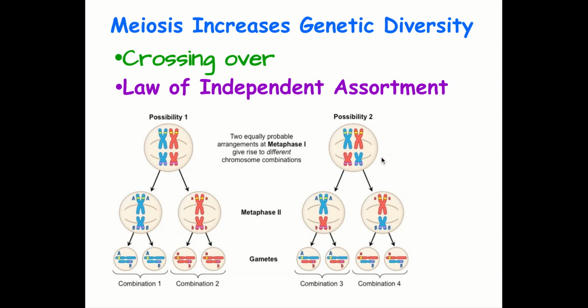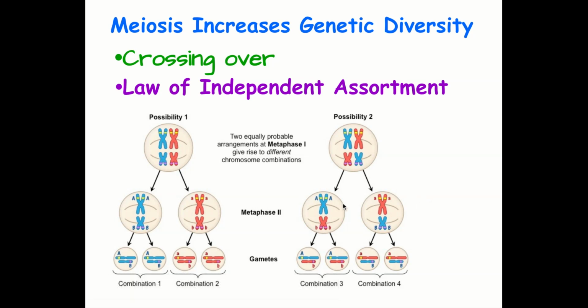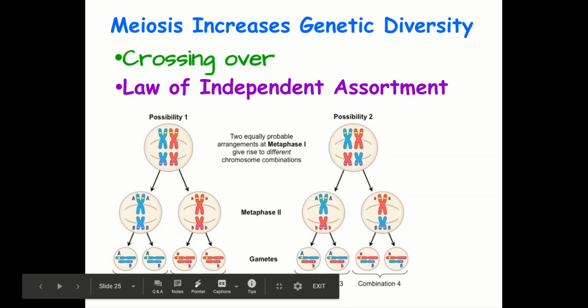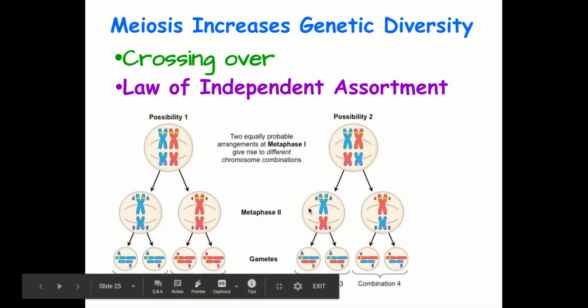So basically, there's a 50-50 chance that for each homologous pair, you could either get the maternal chromosome or you get the paternal. And that's why some people look more like one parent, because they get more chromosomes and more genes from that parent. So it's completely random which one you get.